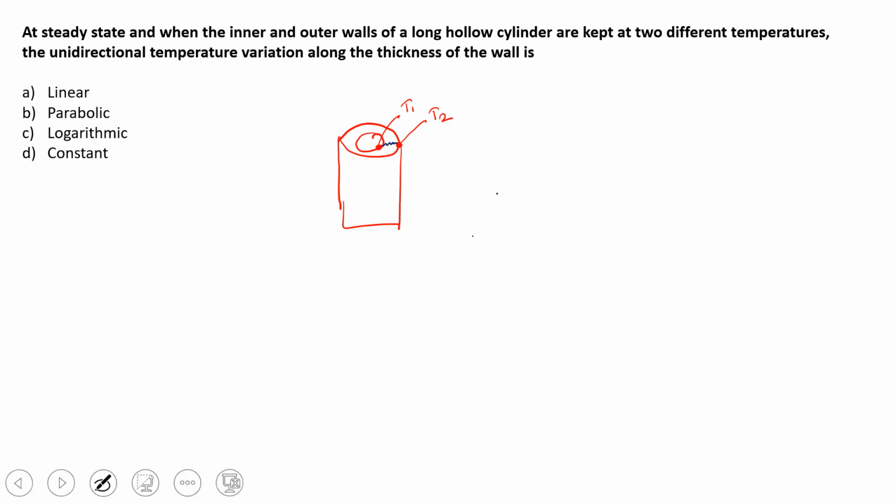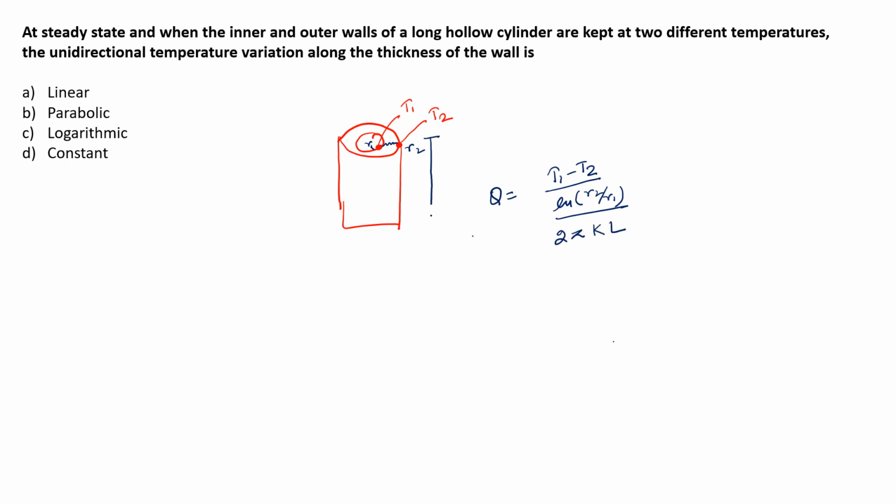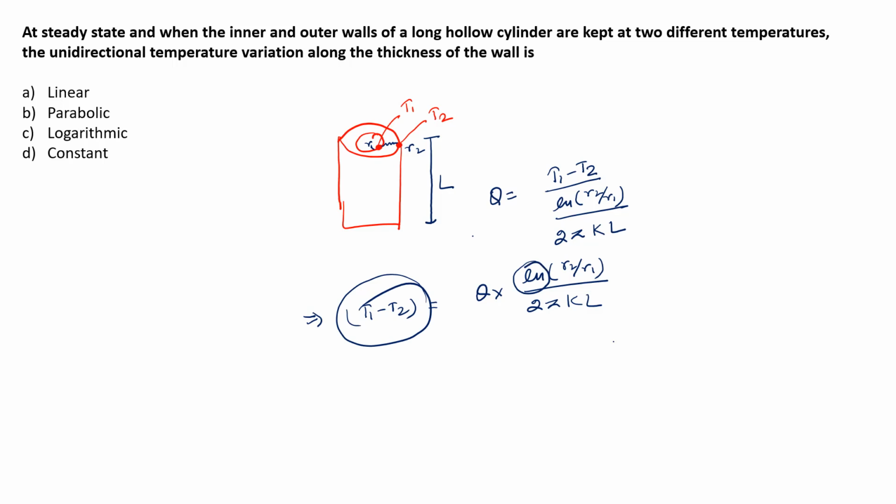For a cylinder, Q is equal to T1 minus T2 divided by ln R2 by R1 over 2 pi K L, where the radii are R1 and R2 and the length of the cylinder is L. So T1 minus T2 equals Q into ln R2 by R1 over 2 pi K L. Since K and L are constant, the change in temperature is directly proportional to the logarithm of the radius ratio.